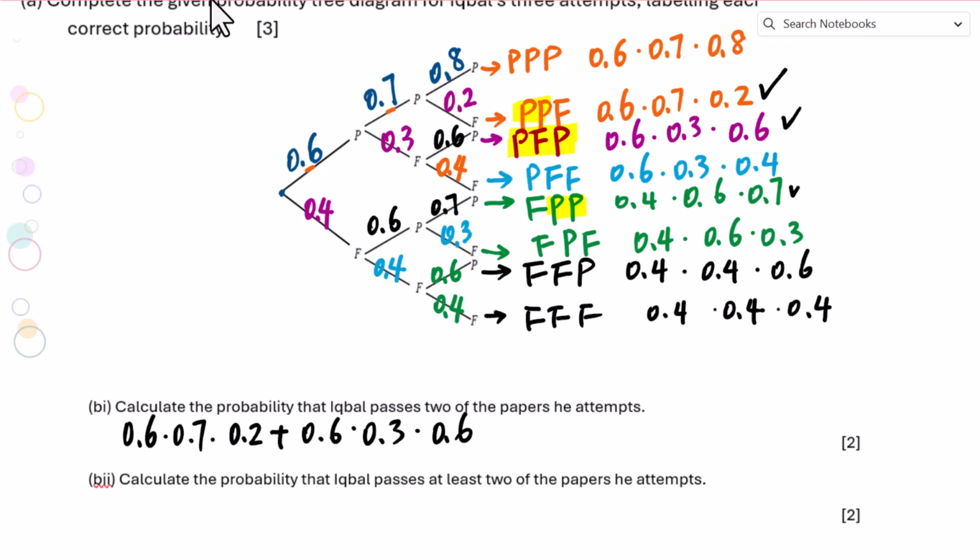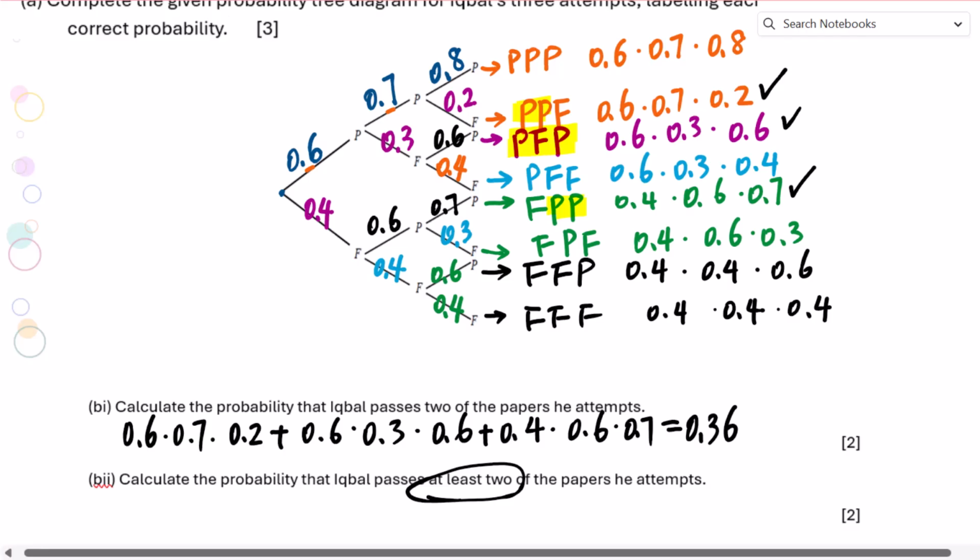Then add this path, plus 0.4 times 0.6 times 0.7 equals 0.36.